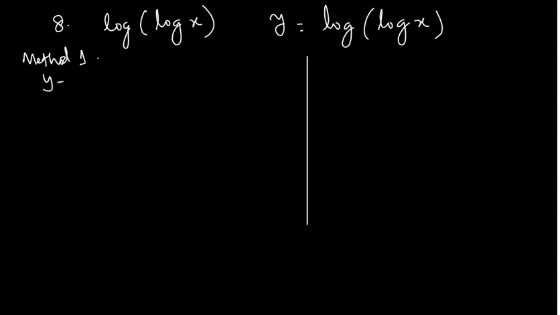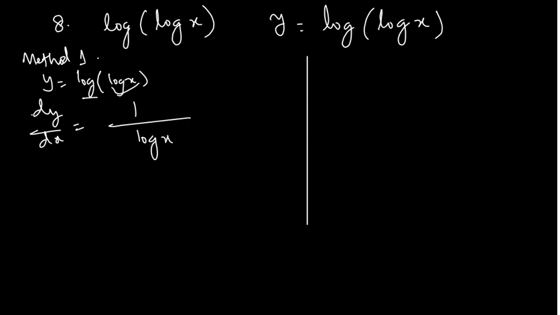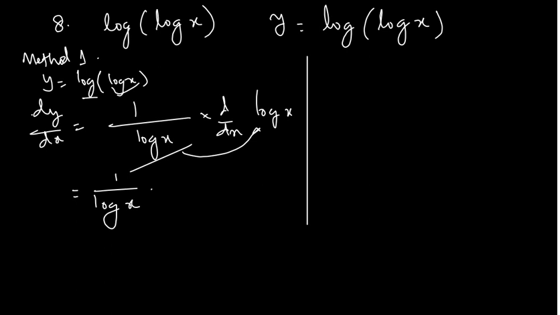So y is equal to log log x. So dy by dx equal to, for log it is 1 by whatever is here, log x, and whatever is this differentiation, d by dx of log x. So 1 by log x, and differentiation of log x is 1 by x. Therefore the answer is 1 by x log x. Method 2.